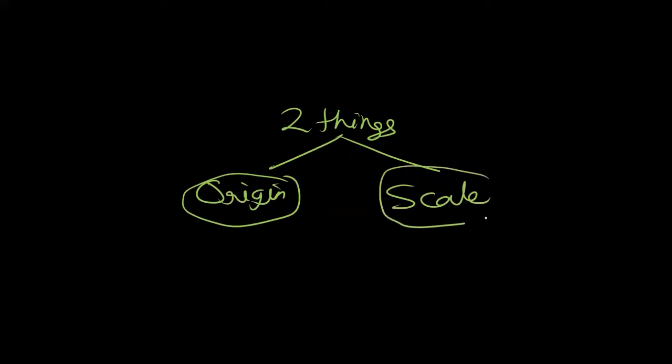Mostly people confuse among these, so I am telling in detail. So what does origin mean? Origin means whatever you are adding and subtracting, and scale means whatever multiplication and division you are doing with the observation.